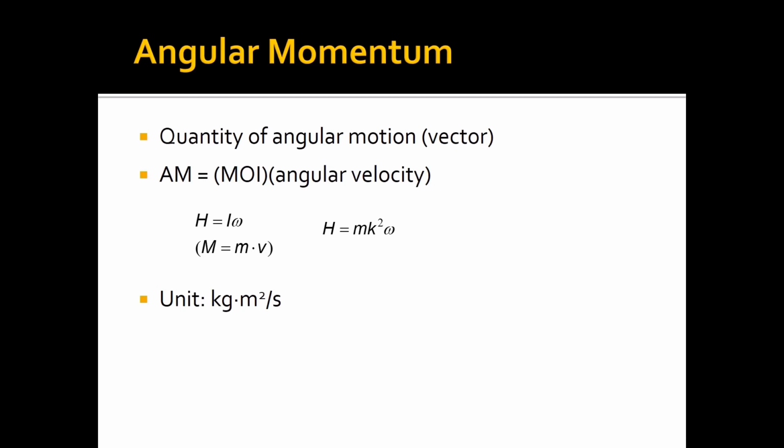Next concept is angular momentum. But before I start angular momentum, I'd like to go back to linear momentum, because if you understand linear momentum, you should be able to easily understand angular momentum. Linear momentum was defined as the amount of linear motion, or quantity of linear motion, which is a vector quantity.